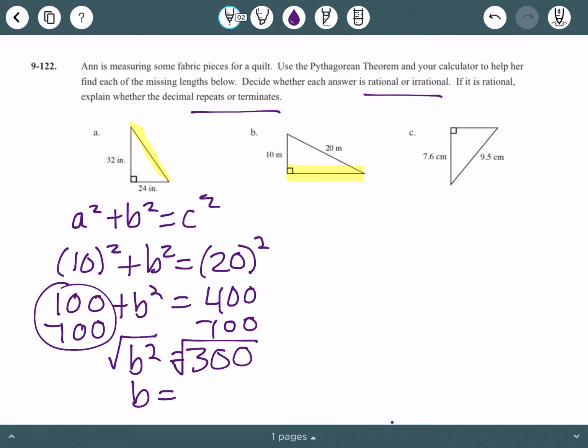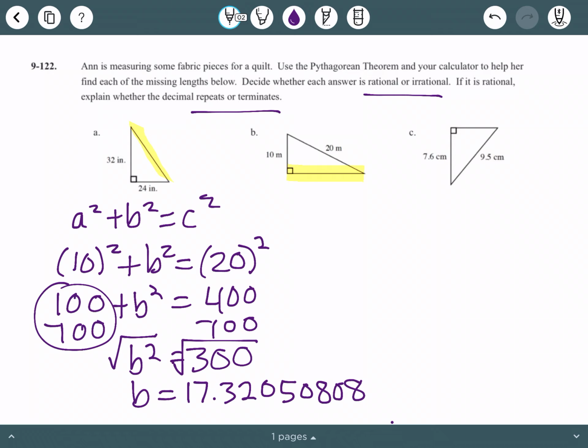Go ahead and put the square root of 300 into your calculator. Ooh, it's not going to give us a very nice number. It is 17.32050808, and that is where my calculator screen maxes out on digits.